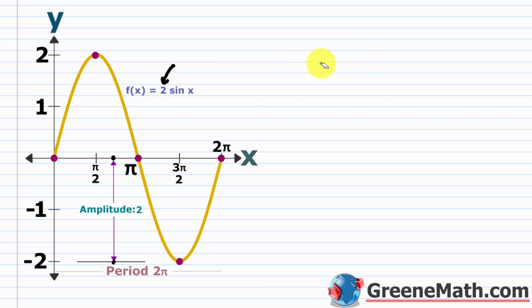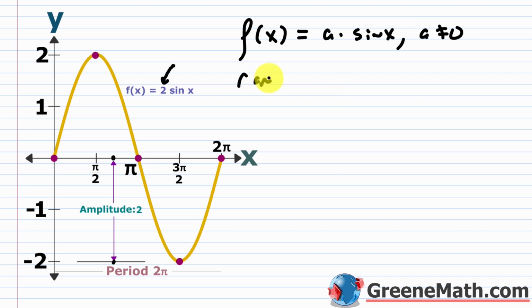If you wanted a more generic formula, again, you can go f of x equals a times the sine of x, where a is not 0. And you could say, well, I know the range from earlier is from the negative of the absolute value of a to the absolute value of a. So that tells me that the minimum y value would be the negative of the absolute value of a.